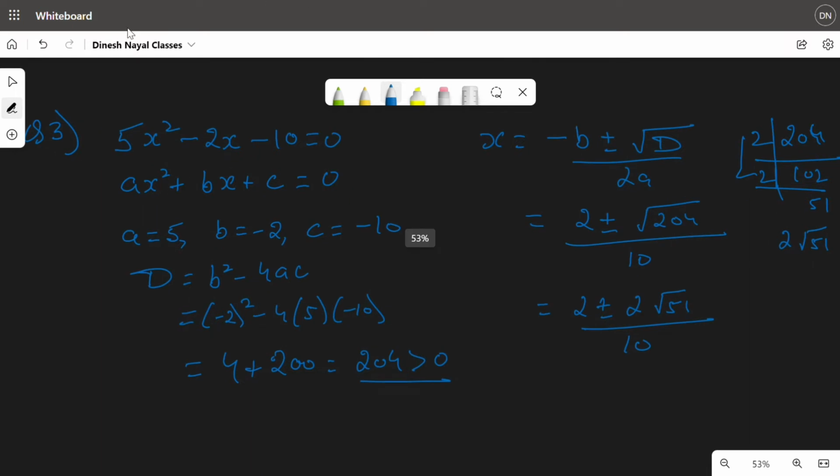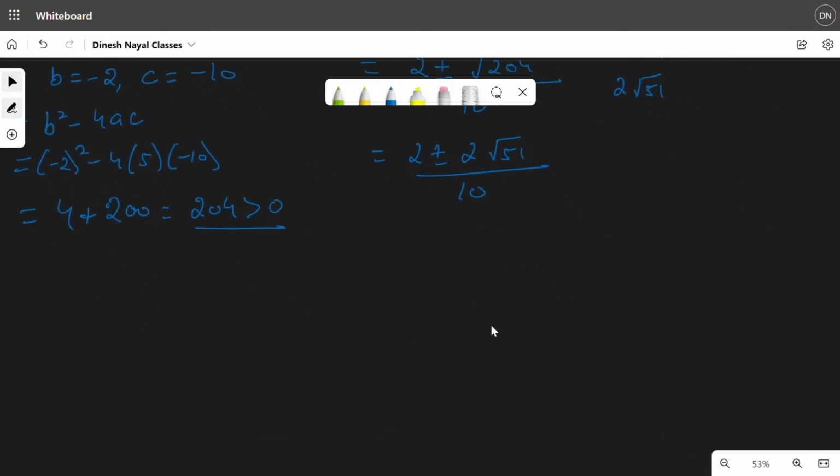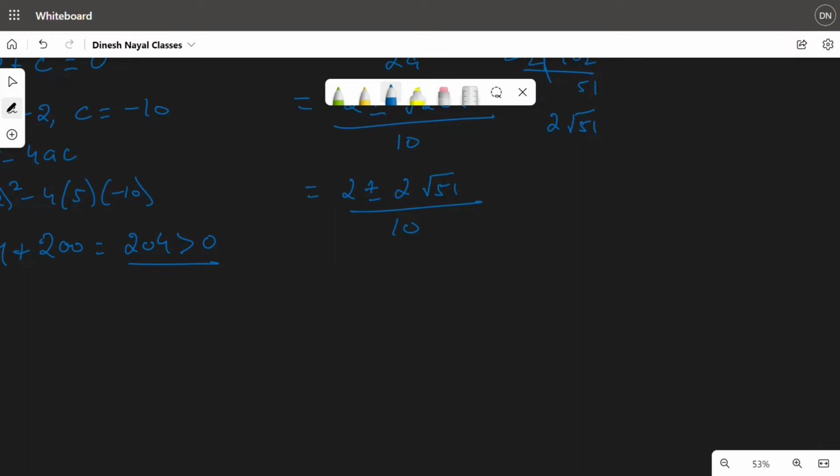Now, what is the first root? Calculating the first root, that will be 2 plus 2 root 51 by 10, taking 2 common. So this will be 1 plus root 51 by 10. Cancelling it by 2, this goes 5 times. So one of the roots is 1 plus root 51 by 5.